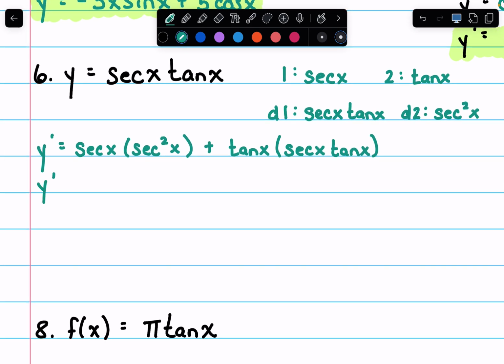So this would be secant cubed x plus, and then if I took this, this would just be, because this is one thing, right? One term. And so that's just going to be secant x tangent squared x.